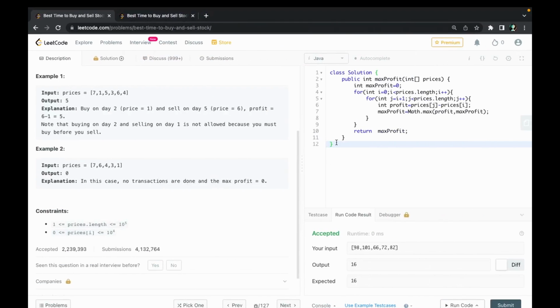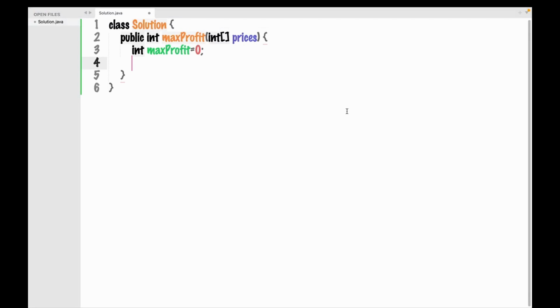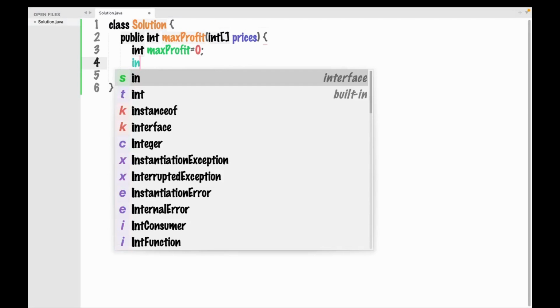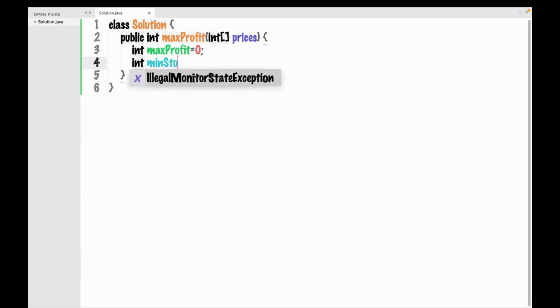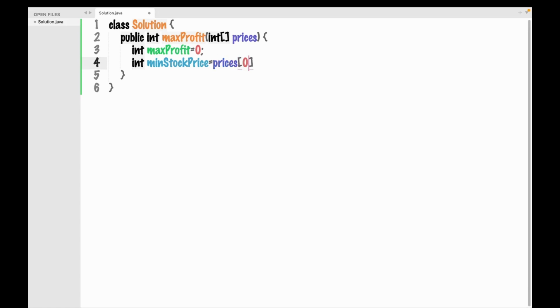For that, let's again copy this template, or it is already written in our editor. So what we would do is keep the max profit, and with that we would also keep another variable which we would call min stock price, and we would initialize it to the first day's stock price. Now we would start traversing from the 1st index of the array.